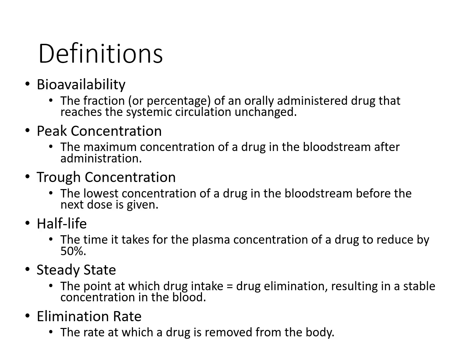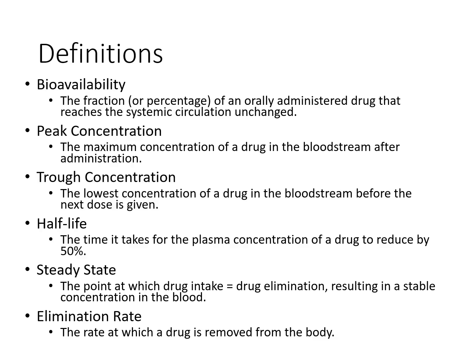Steady state definition is the point at which drug intake equals drug elimination, which results in a stable concentration in the blood. It can be achieved after approximately 4 to 5 half-lives of regular dosing, and it is critical for drugs requiring long-term therapy, such as antidepressants and anti-epileptics. And then we have elimination rate.